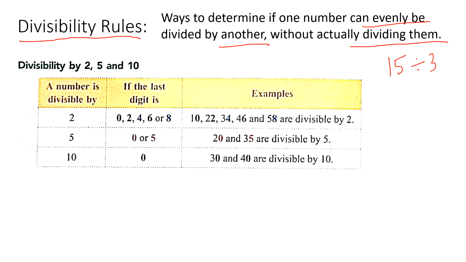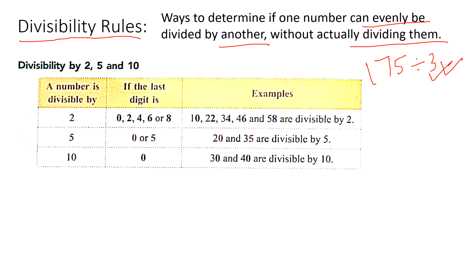Just by looking at it, you will be able to understand whether it is divisible or not. What if it is 75? Let us say 175. Just by looking at them, you will understand whether the number is divisible by the proposed divisor or not. Okay, that's your divisibility rule.